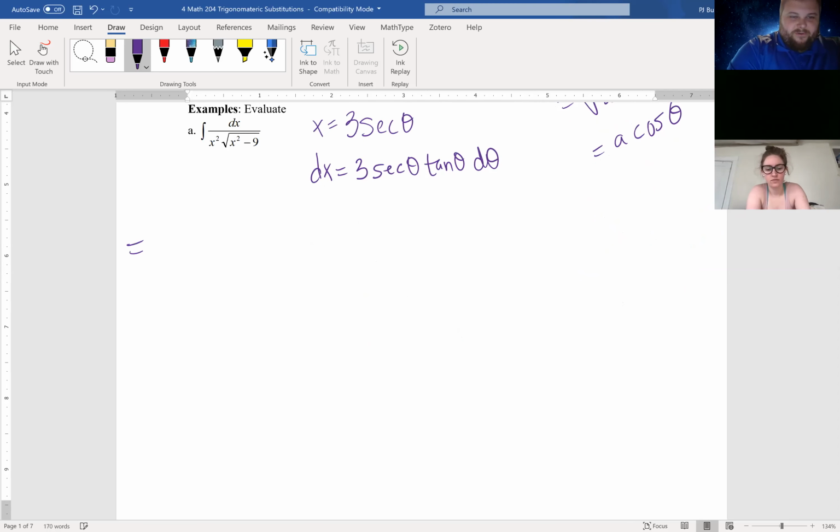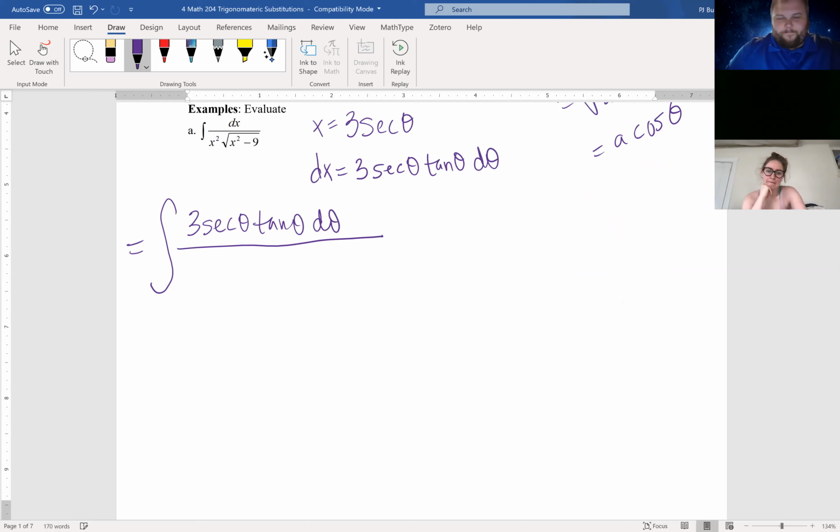So I'm going to substitute everything in here. For dx on the top, I'm plugging in 3 secant theta, tan theta, d theta, all that just for dx.